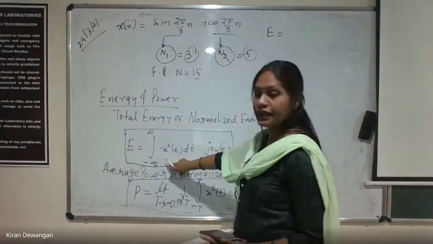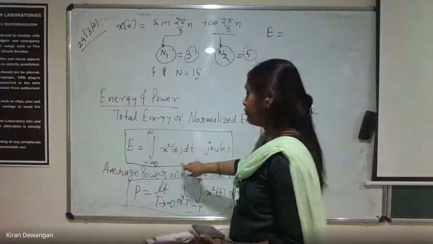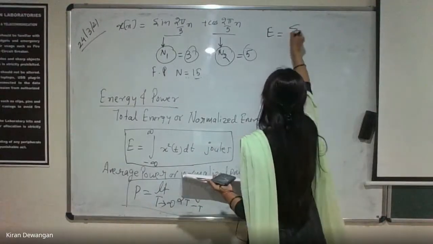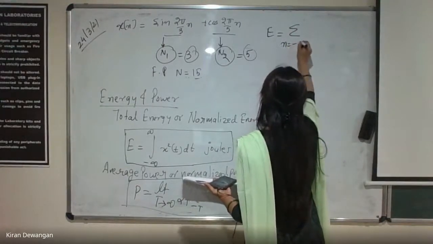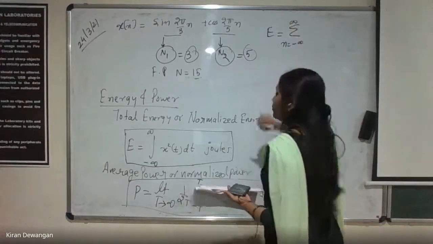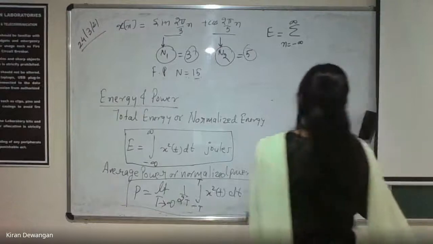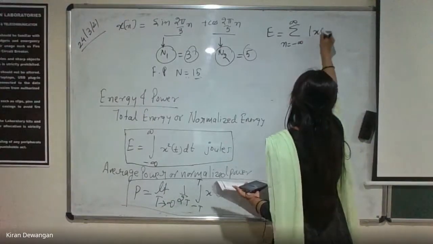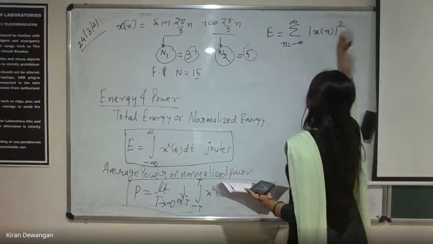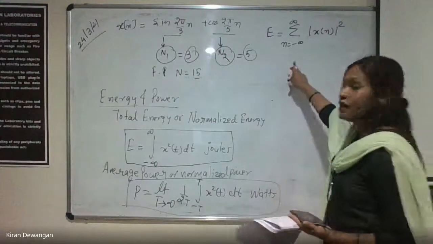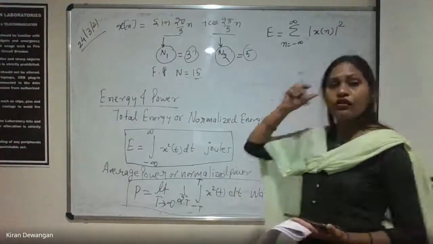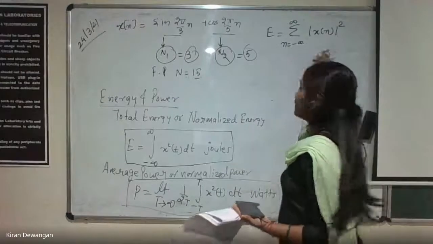It was integration from minus infinity to plus infinity. Here we'll take summation where n is from minus infinity to plus infinity. Clear? This becomes mod of x[n] whole squared. This is the formula for calculating E for any discrete sequence.